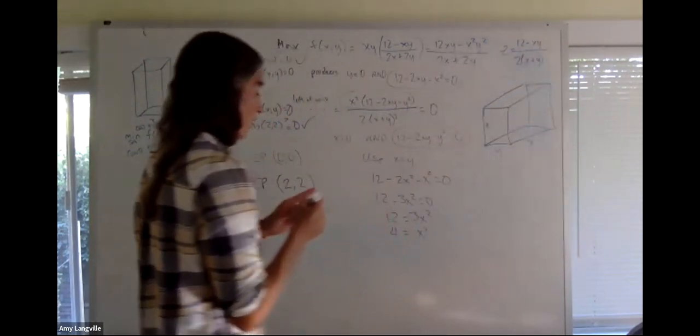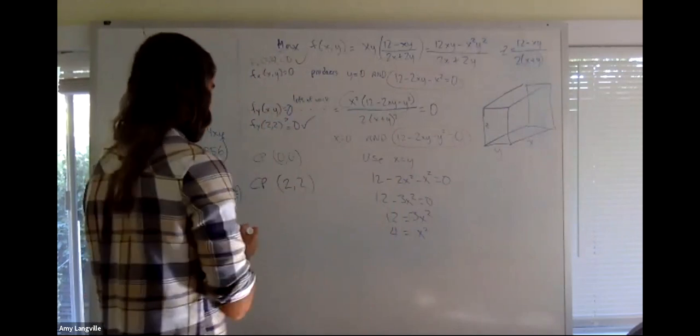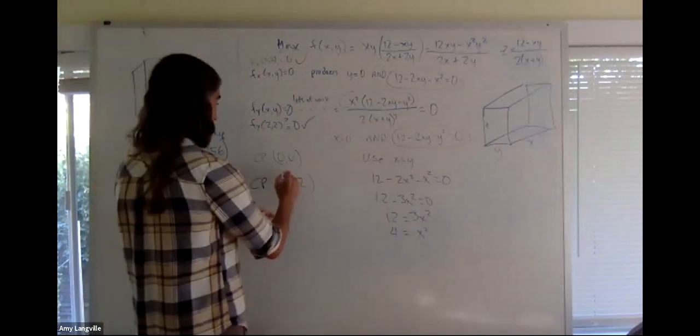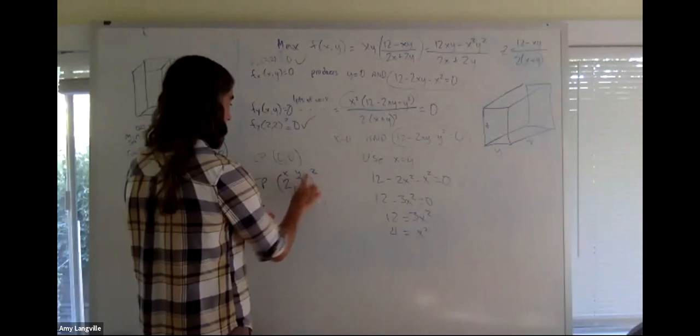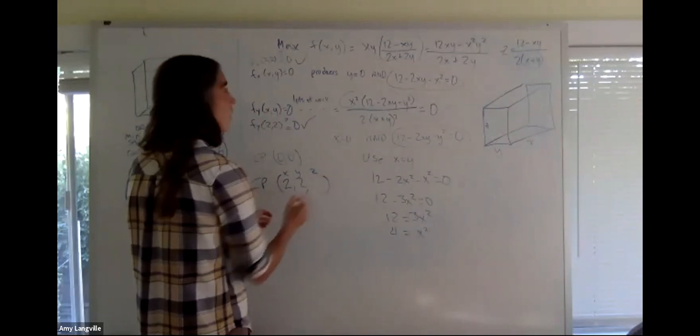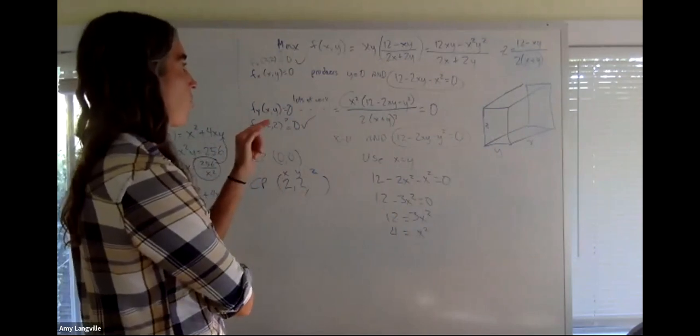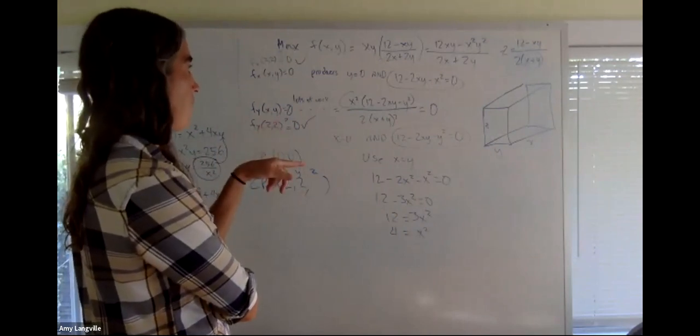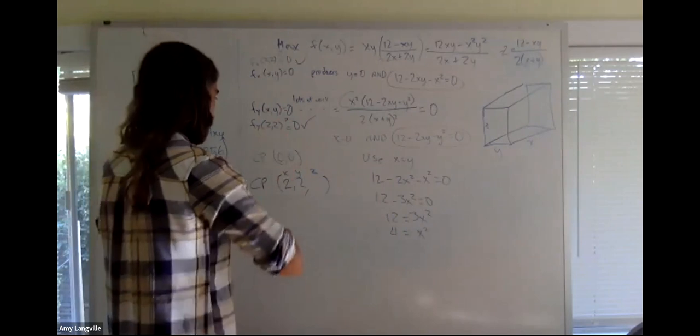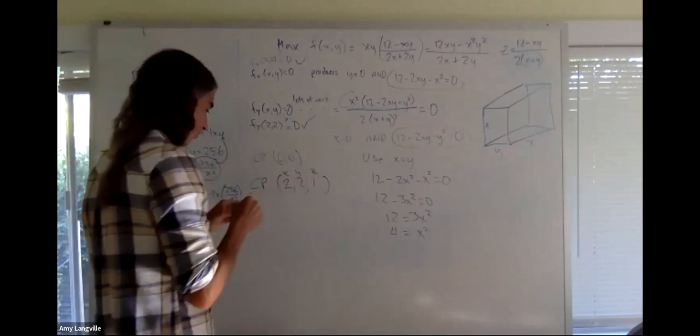So that would be what? When we plug in our value for a critical point, that's our x, our y, we would get the corresponding z value as a point: 2 times 2 is 4, 12 minus 4 is 8, divided by 8, so that's 1. That works out nice.